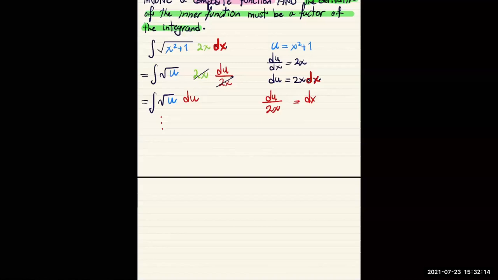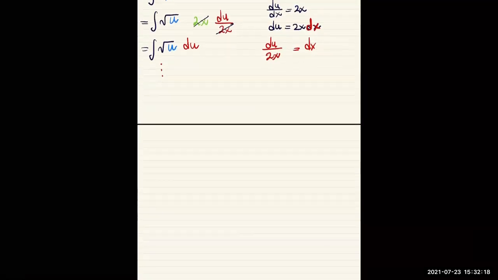We can factor them, divide them, get rid of them. We can do all of that stuff. So let's just redo the problem without having that 2x. So x squared plus 1 times, let's just say, x dx.